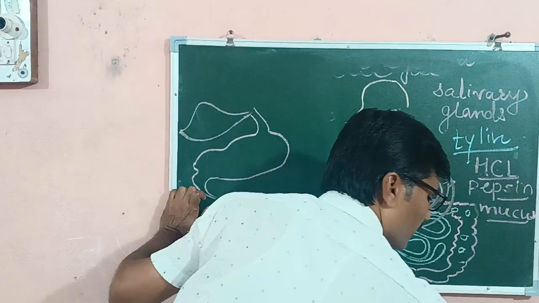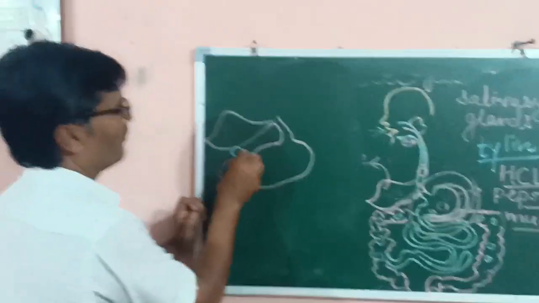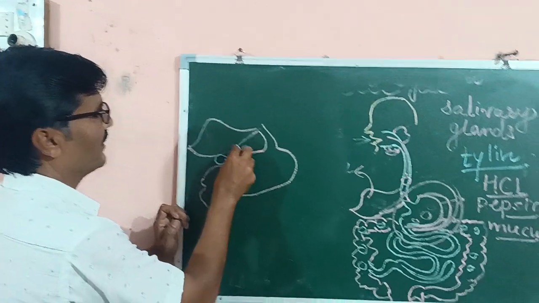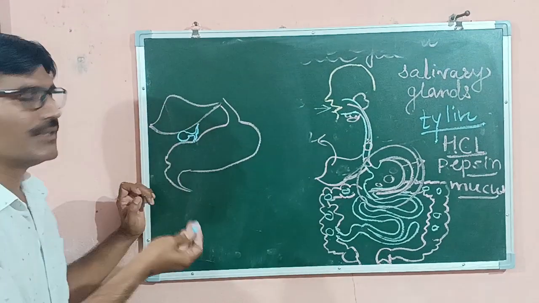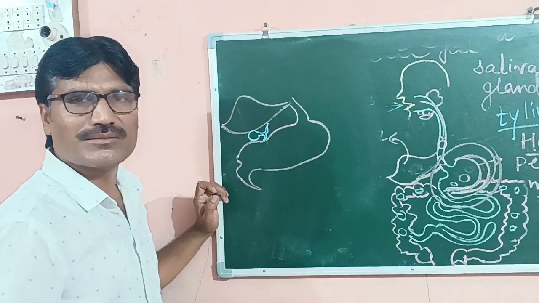Here a smaller ball-like structure is present, bound to the stomach and the liver, which is called the gallbladder.